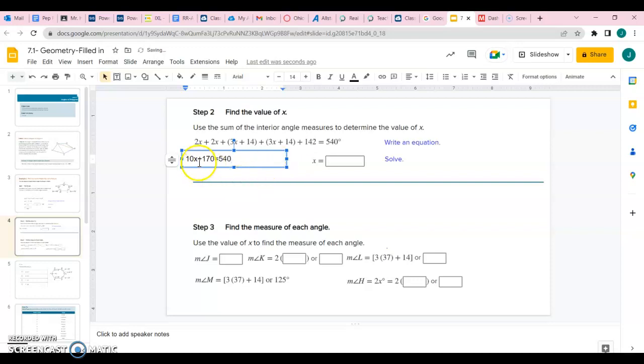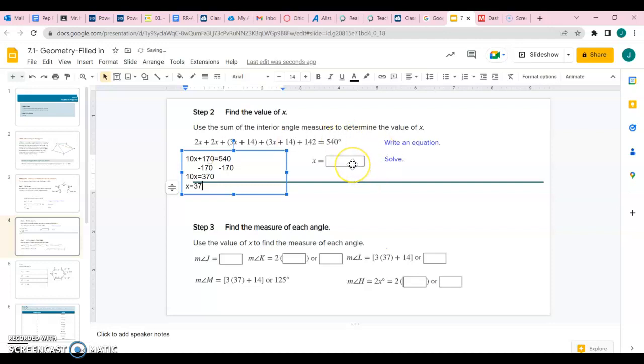Then I can subtract 170 from both sides of my equal sign. So now I have 10x equals 370. Then I divide both sides by 10, and 370 divided by 10 is 37.